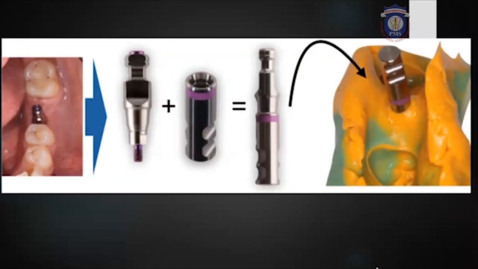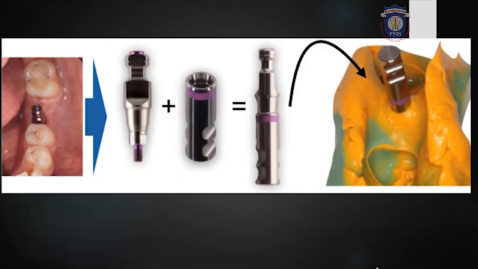After the x-ray is taken and we confirm the seating of the impression coping, we take the impression using a putty and light body. Once the impression is set, the impression will be removed, and the impression coping will still be in the patient's mouth.